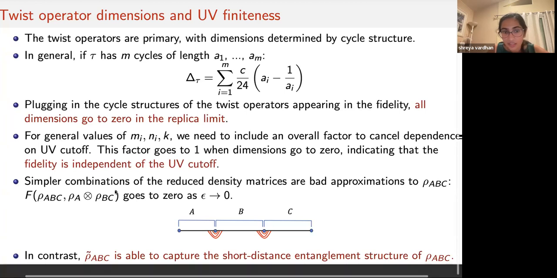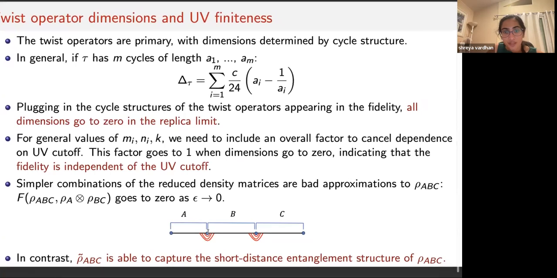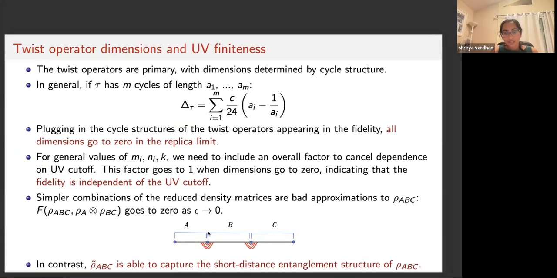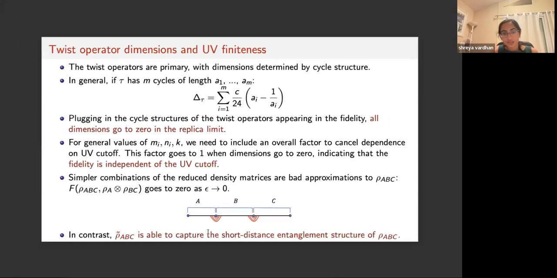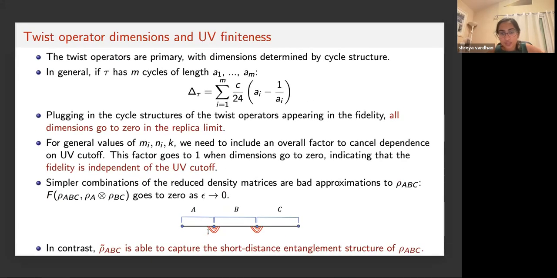This fidelity would go to 0 as you take the UV cutoff to 0. The interpretation is that a state like this is missing the very large amount of short distance entanglement between A and B. So even though this rho tilde state was constructed from reduced density matrices on various subsystems, it's a very clever combination that is able to capture all the short distance entanglement structure between A and B and between B and C.